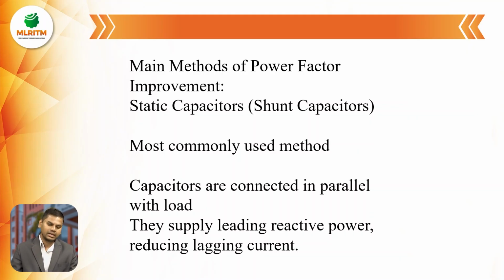Capacitors are connected in parallel with the load. They supply leading reactive power and reduce the lagging current. So this is the purpose of the static capacitor or static condenser, the first method.